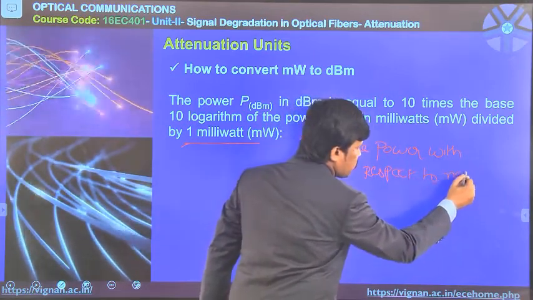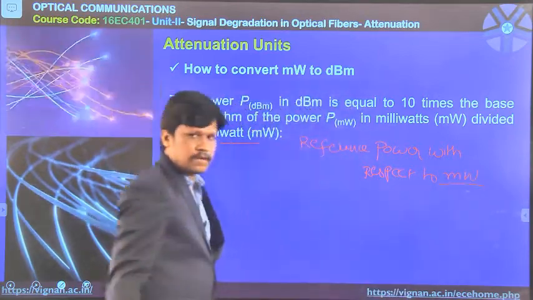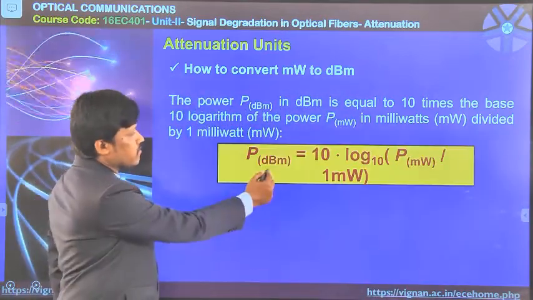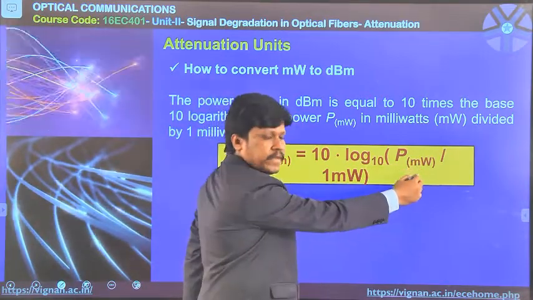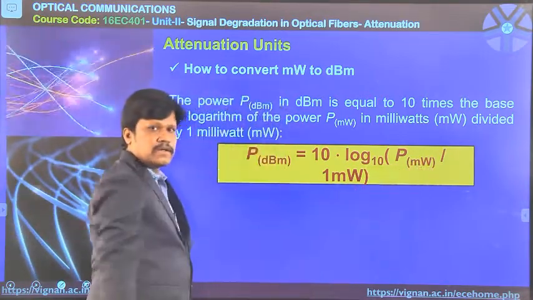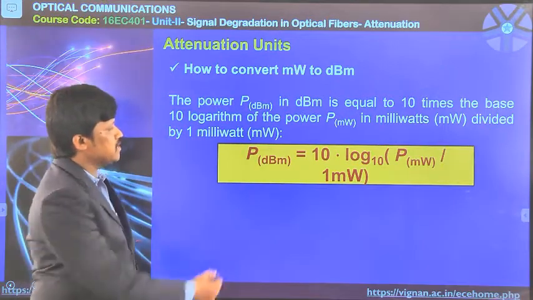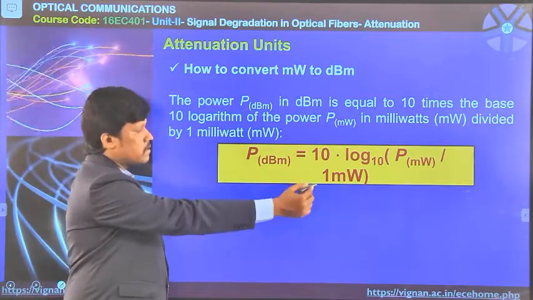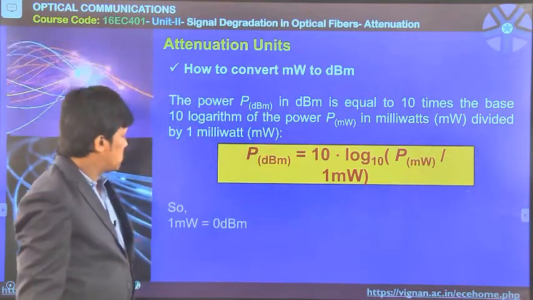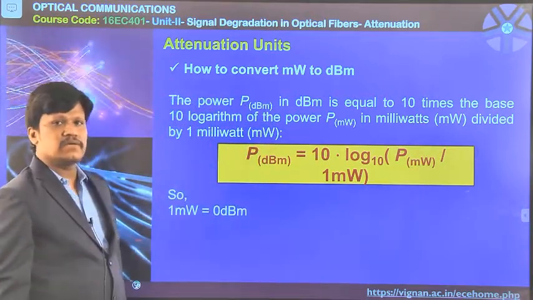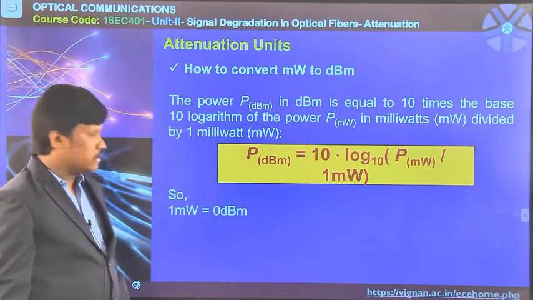So, power in dBm is equal to 10 log of P milliwatt by 1 milliwatt. 1 milliwatt is equivalent to 0 dBm.